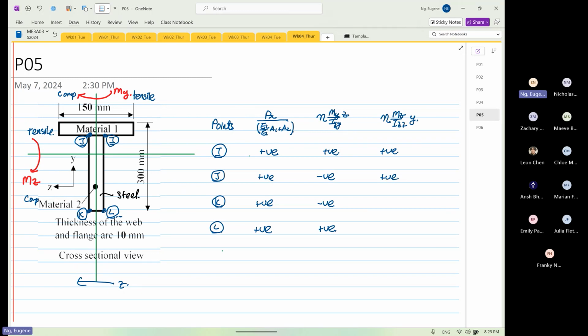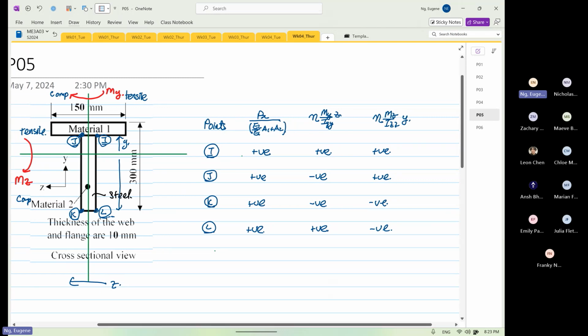And then K and L will be in compression. I and J in tension, the y distance are the same for I and J, so it's okay. So the values will be the same. K and L again, the y distance will be the same. Okay, for this case, it's okay. Everything seems to work out.